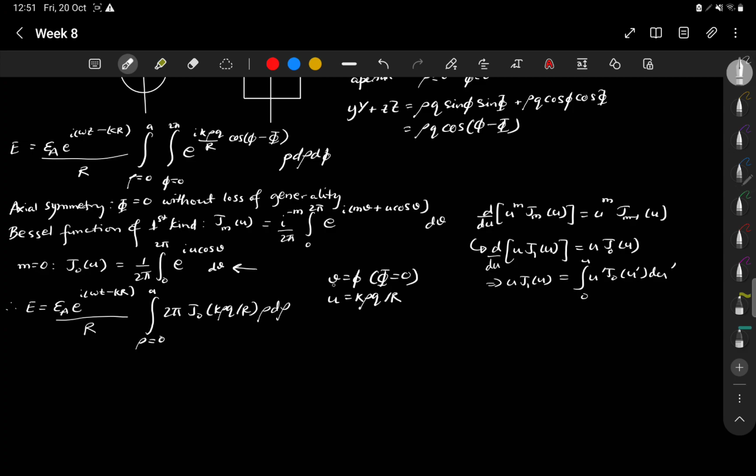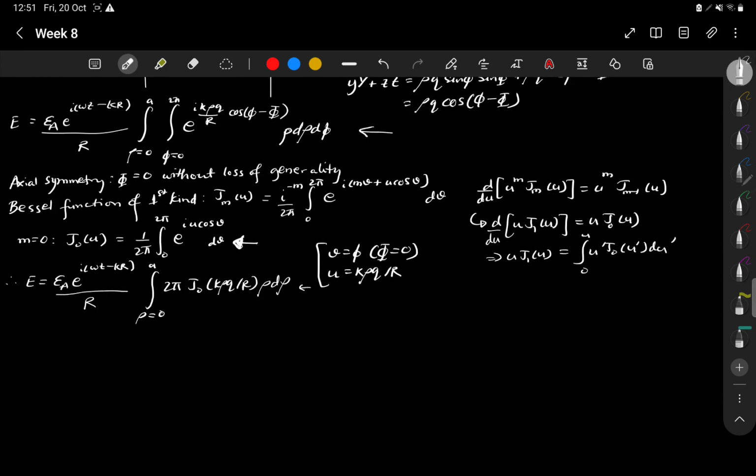So from these substitutions and using this identity, we have reduced this integral to this. Now we can make other substitutions.